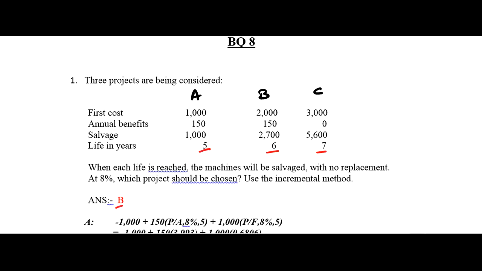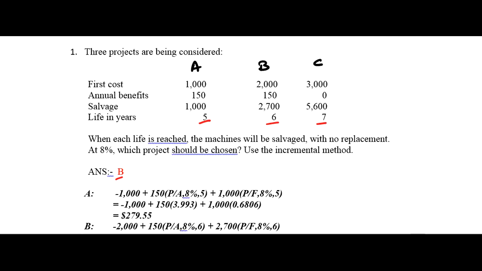Let us see how it is. So here you have to calculate the present worth for each project from the given values. So let's see for project A, and similar will be for projects B and C, the solution.